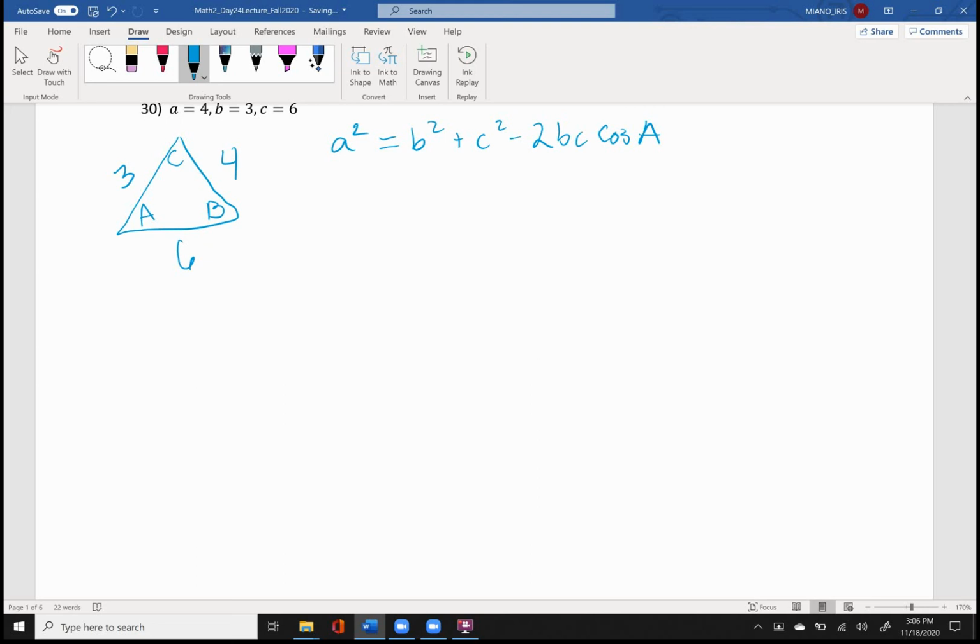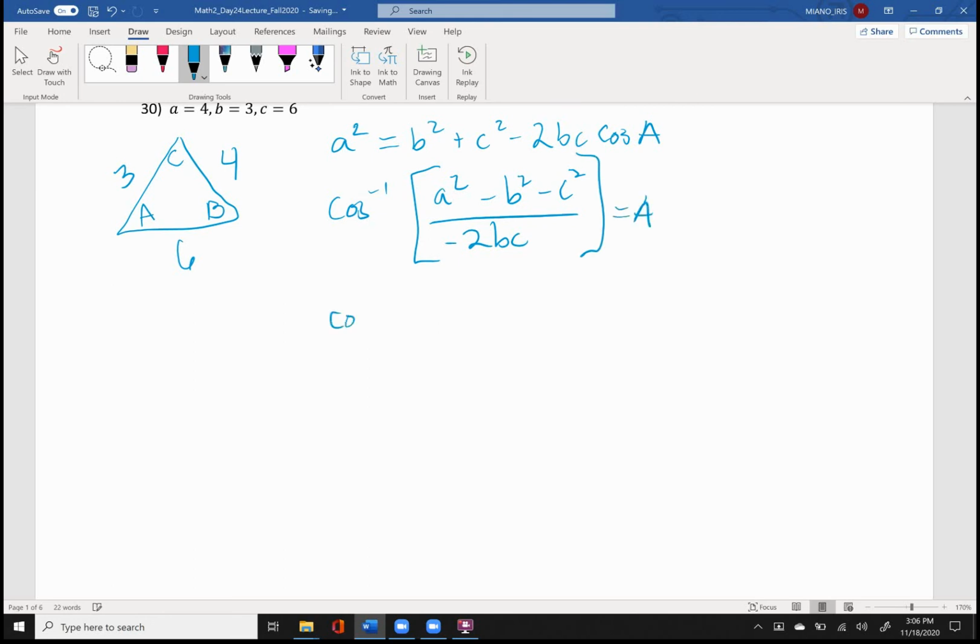So I'm going to use the structure that I kind of figured out last time, which is to say that if I solve for A, it looks like this. Cosine inverse of A squared minus B squared minus C squared all over negative 2bc. That's going to give me A, and now I can just plug and chug.